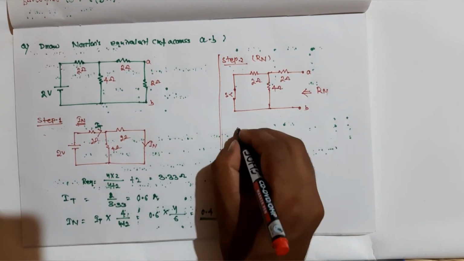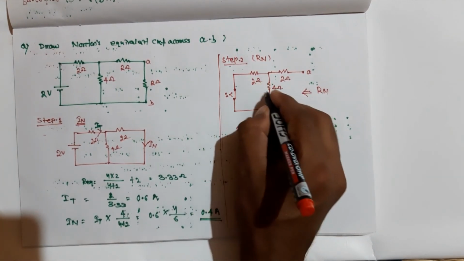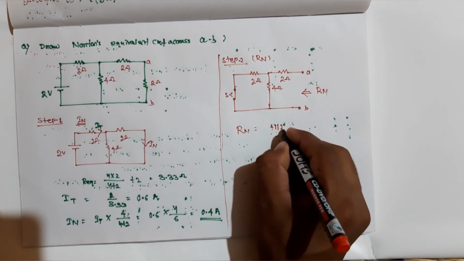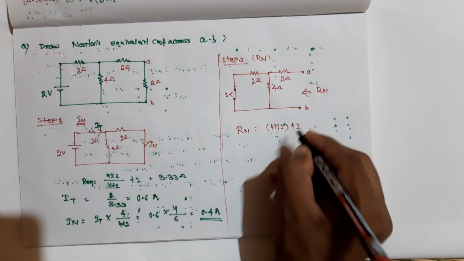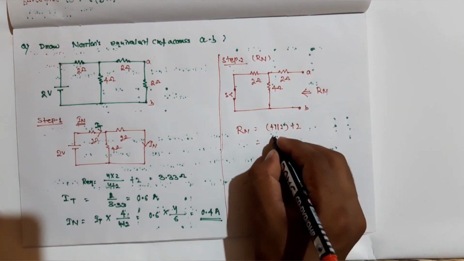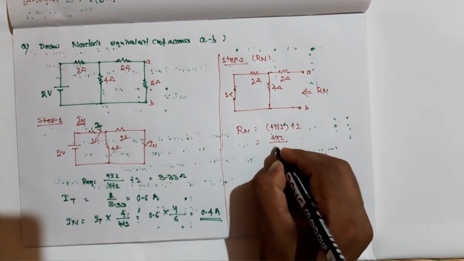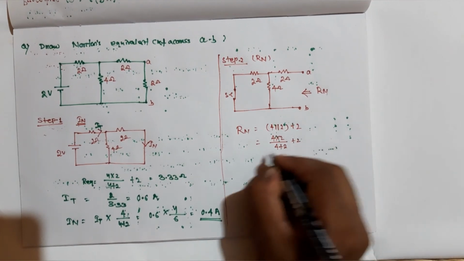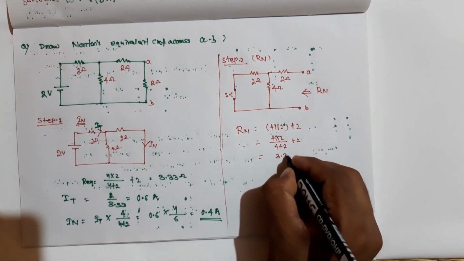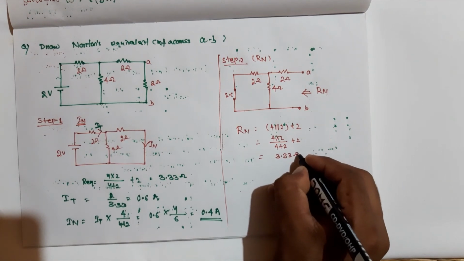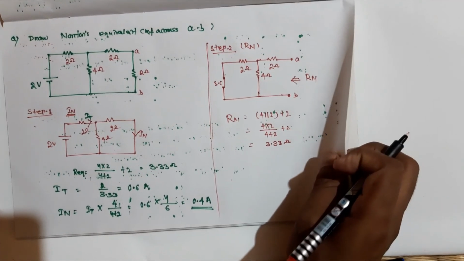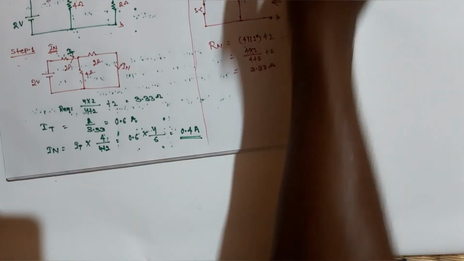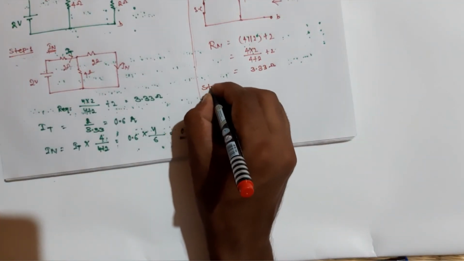RN equals 4 parallel 2, then plus 2. So 4 into 2 divided by 4 plus 2, plus 2, which is 3.33 ohm.